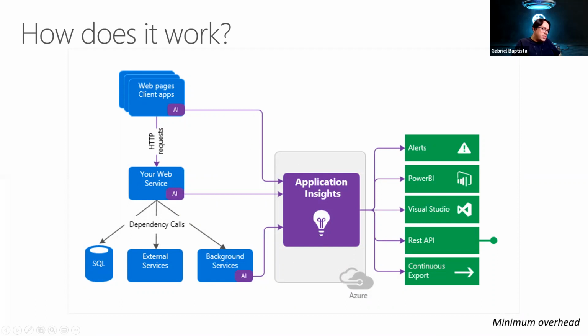And this process attached to your solution starts collecting monitoring information that will enable you to have alerts, to analyze in Visual Studio, in Power BI, or even to analyze, as I'm going to show today, in the Azure Portal, right? There are two alternatives for App Insights. I'm going to talk specifically about App Insights.